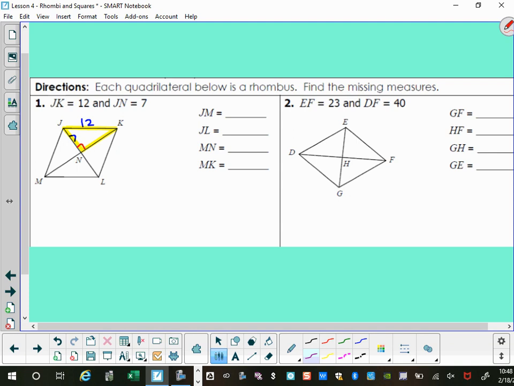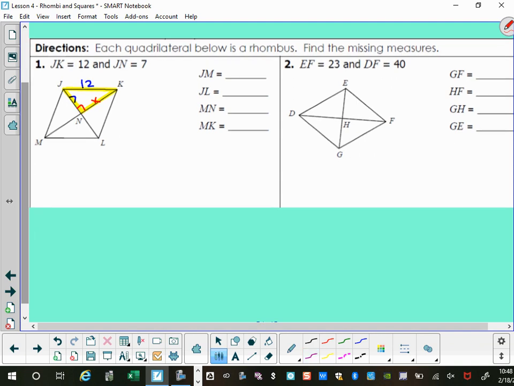What can I do to figure out what this piece right here is? Not 180. Those are angles. Pythagorean theorem. If I have two sides, I can always figure out the third side.